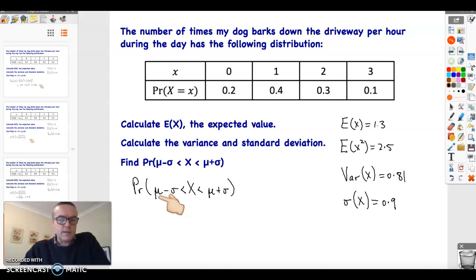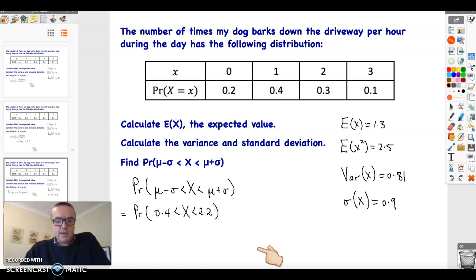So this is the mean minus the standard deviation. That's the lower bound of our interval, and the mean plus the standard deviation will be the upper bound. And we're looking for the probability that our value of x will lie in between those two quantities.